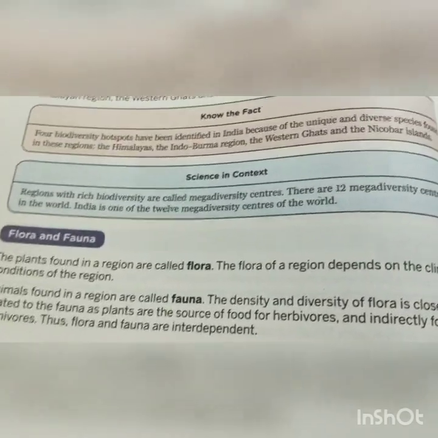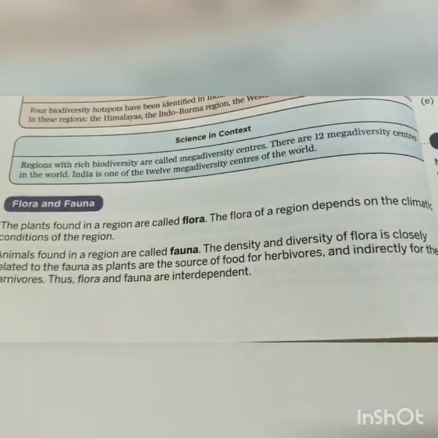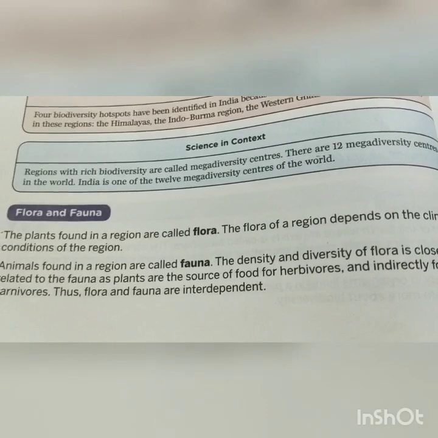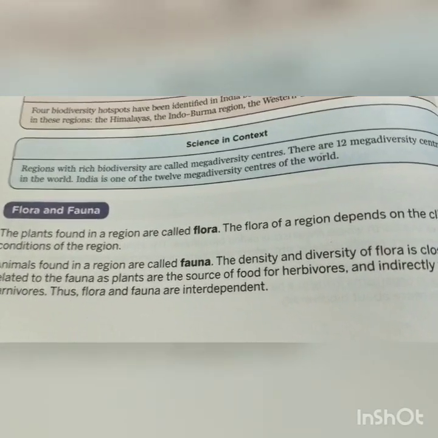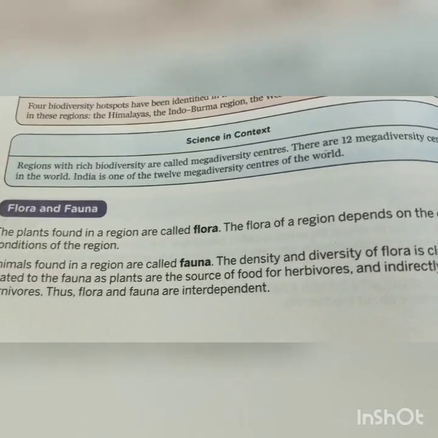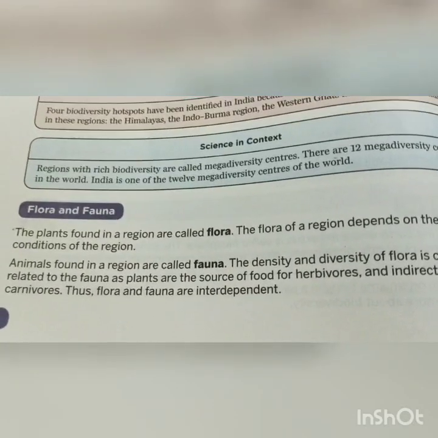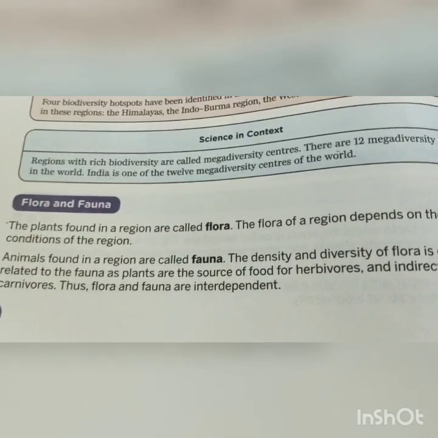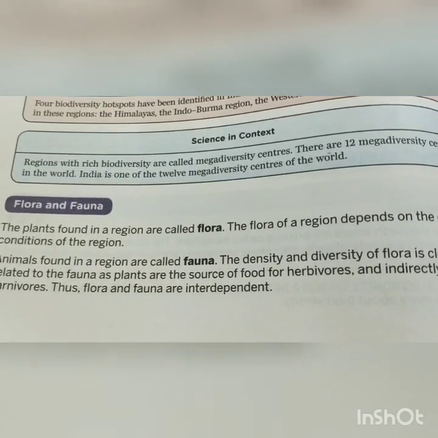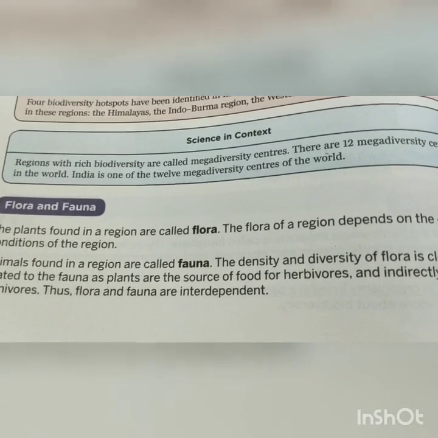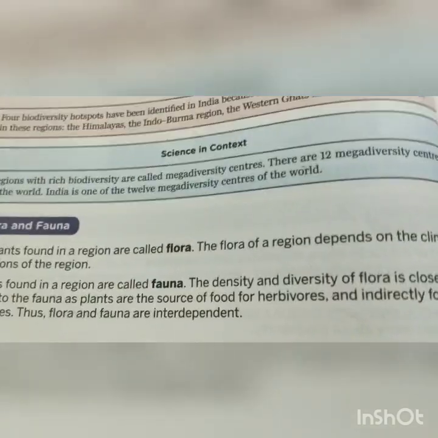So they will eat the plants in that particular area, and indirectly the carnivores also get their food from the plants. That's why carnivores also depend on the flora of that particular region. That's why flora and fauna are interdependent. They depend on each other.